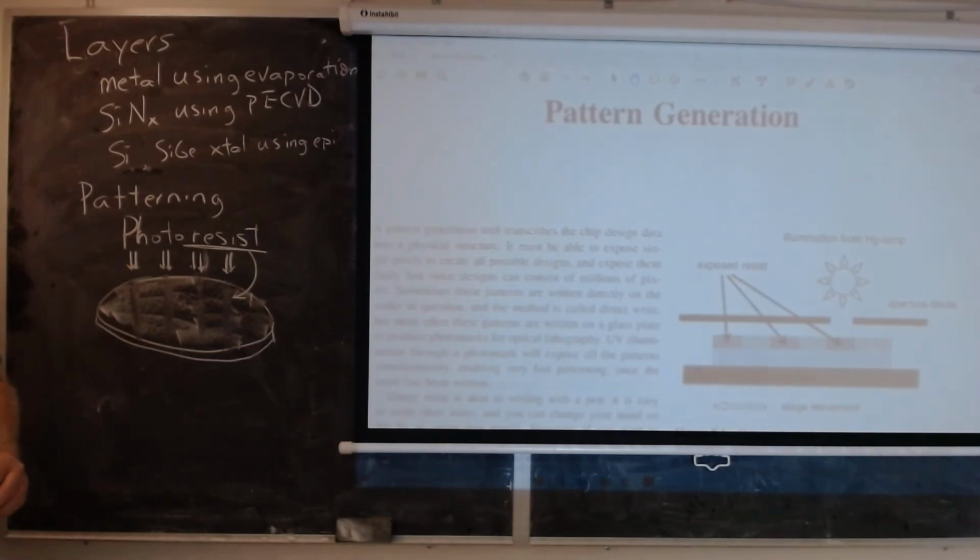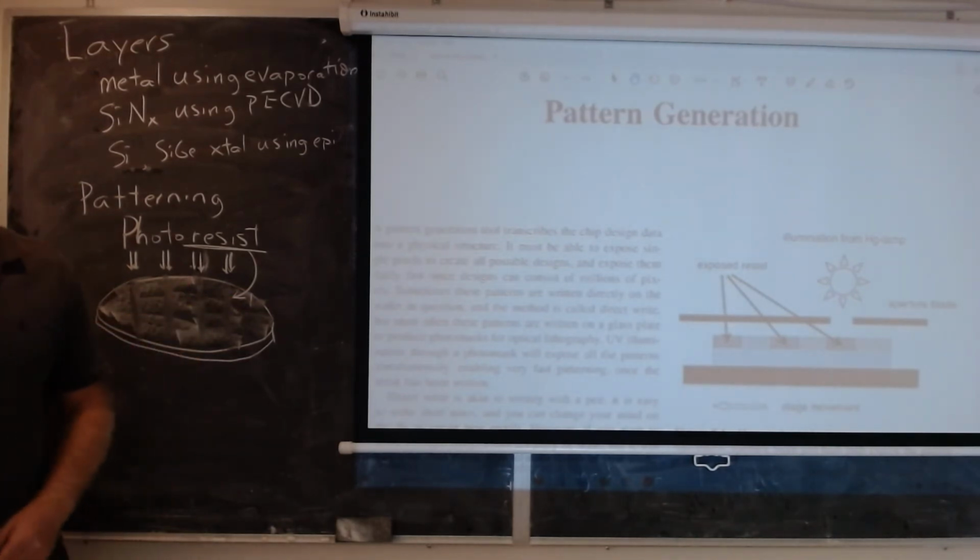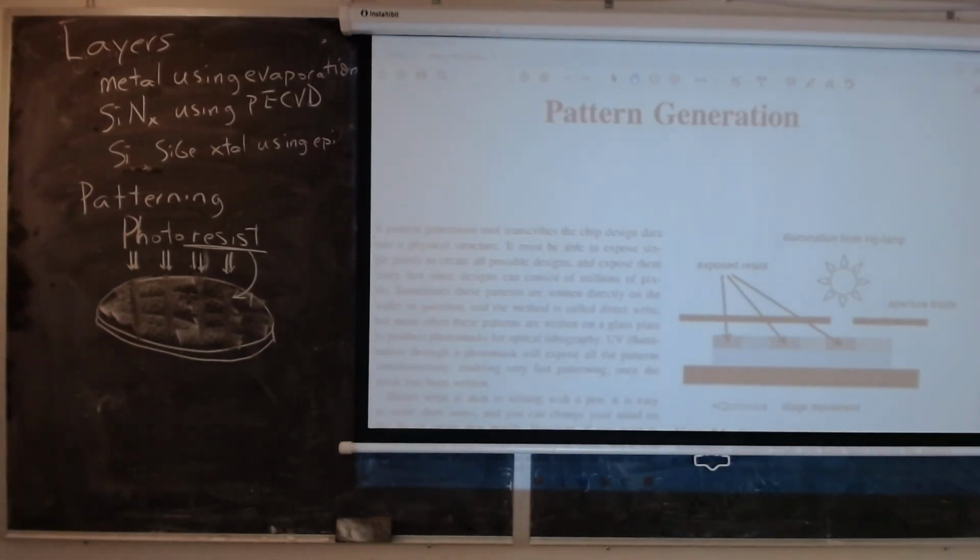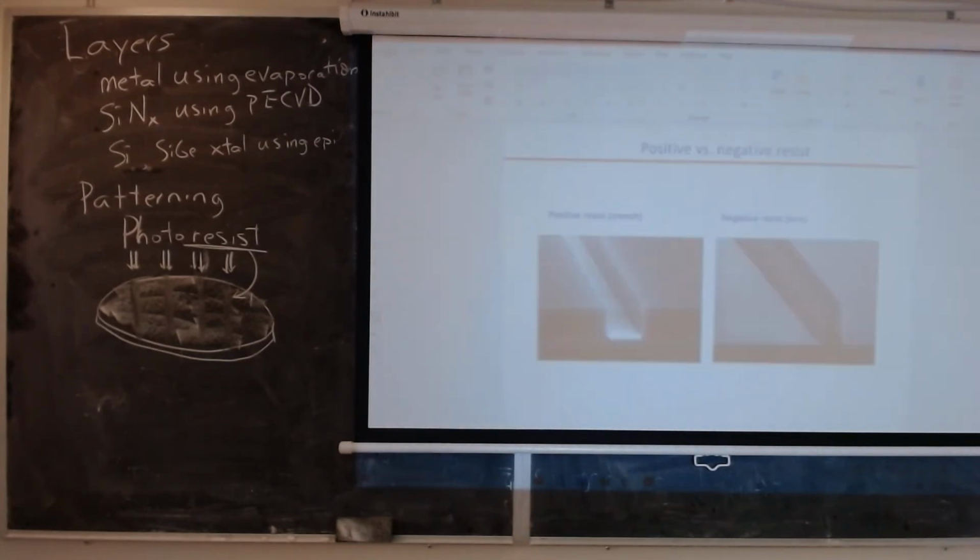So you form some pattern there, and like it's shown over there, you have some exposure pattern, and that gives you a pattern of resist that you can then use like a stencil, basically. And this is a nice picture here.